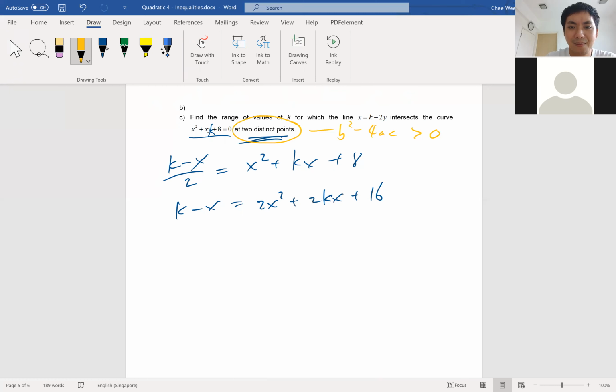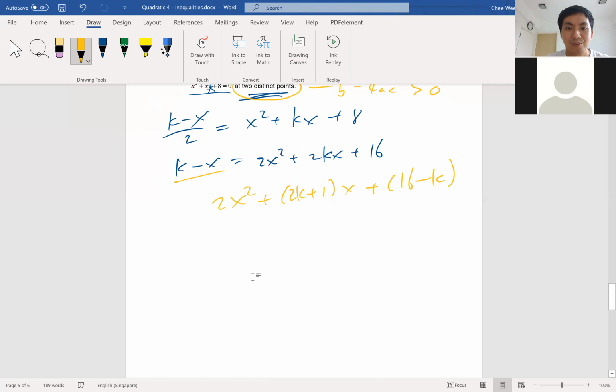Get it now? So that's how these discussions are like. We are not solving for x, we are solving for k actually. So there's no confusion here, because even if I shift everything to the right side, I'll have 2x squared plus 2k plus 1 x plus 16 minus k. This is originally a U-shaped graph. So even if I were to sketch this graph, which I shouldn't be, I'll be getting a U-shaped graph.